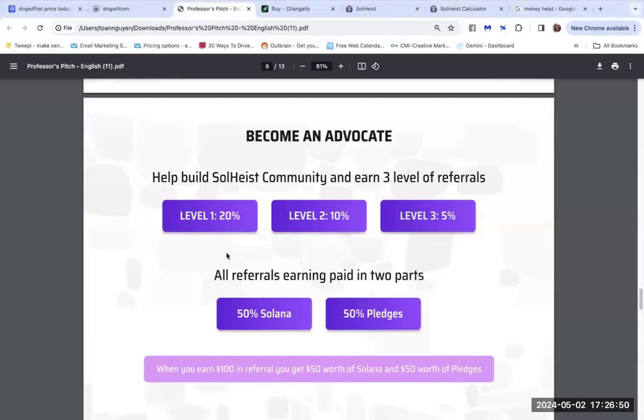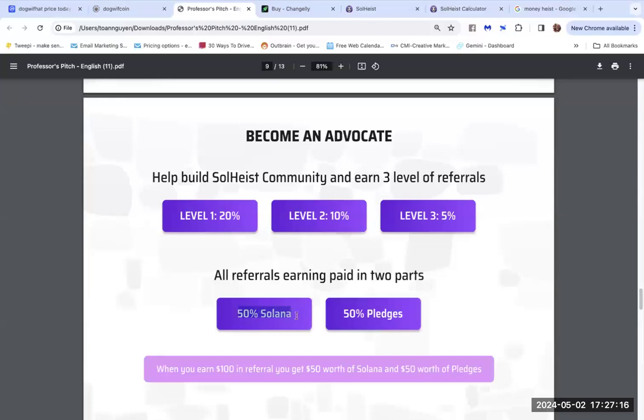So basically 3 levels: 20%, 10%, and 5%. That's it. No gotchas, very simple. I love this because I wasn't looking for something where you have to go do this to unlock this and that. I love the fact it's really simple and it's only 60 days that this is going to be going on. By the way, of the bonuses that are paid out, 50% of your bonus is paid in Solana.